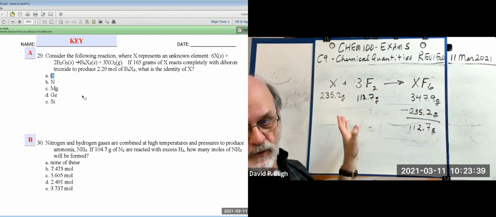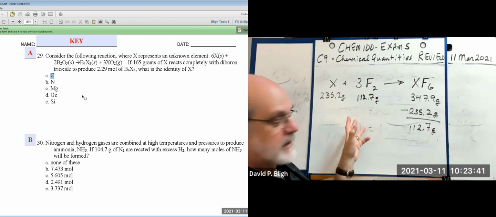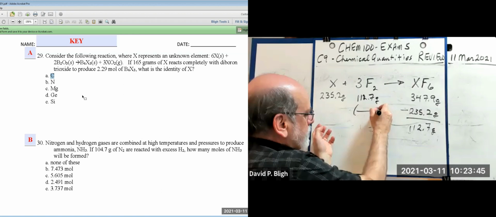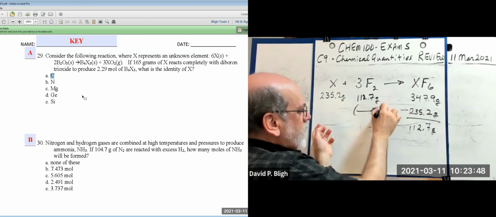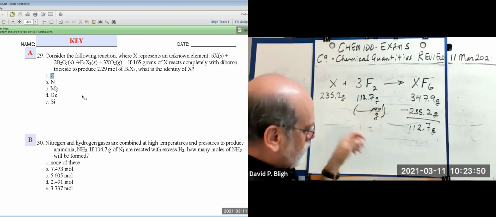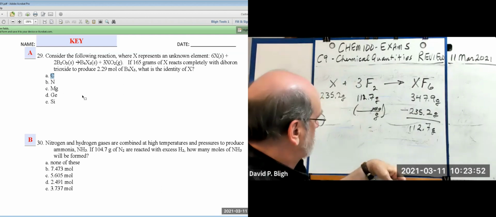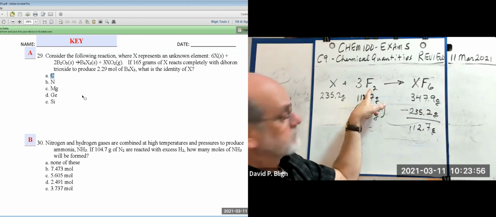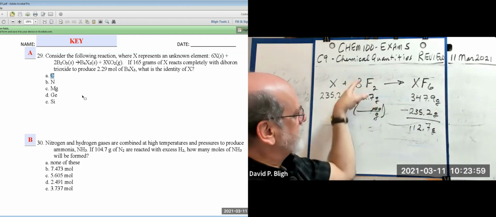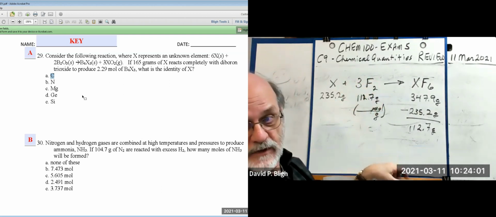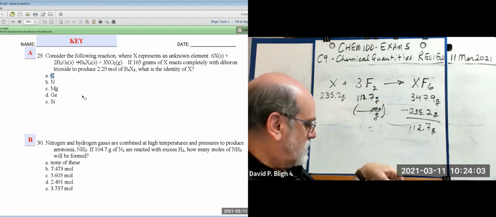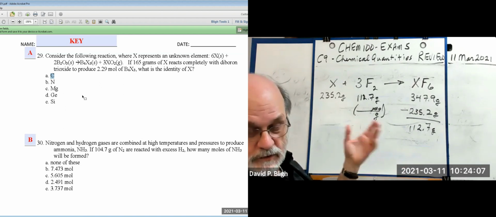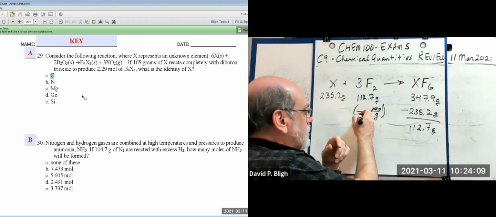How many moles of fluorine are there? So you just say, the grams will cancel. We need, what's the molar mass of fluorine? Well, how many fluorines are there? Actually, 2. So the molar mass of fluorine gas would be 2 times the molar mass of fluorine. 19.00 times 2 is 38.